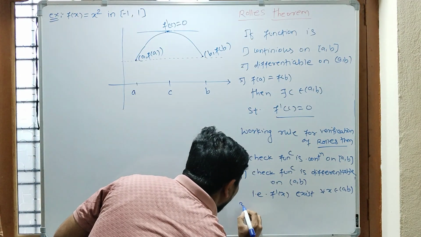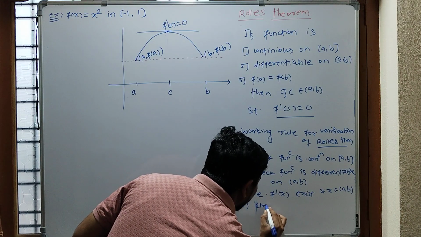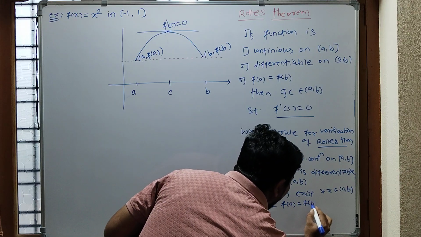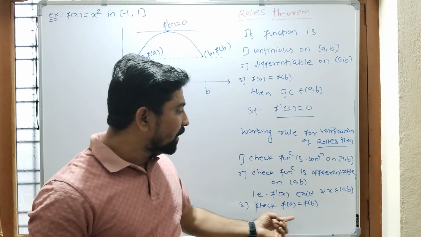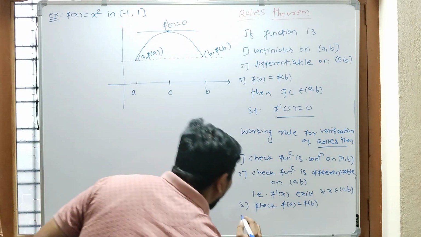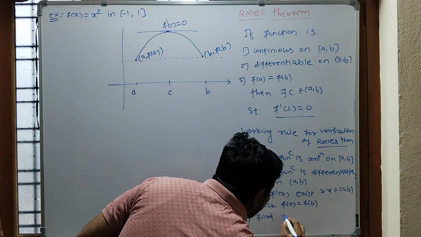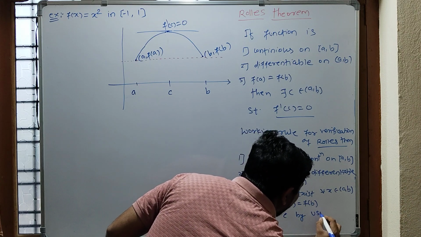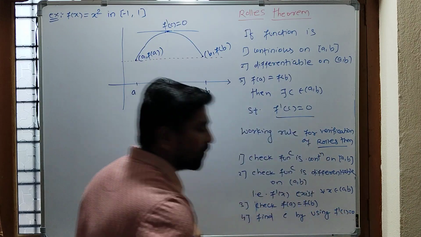Now the third condition: check f(a) = f(b). Check whether the function value at endpoint a is the same as the function value at endpoint b or not. Then the fourth step: find c by using f'(c) = 0.